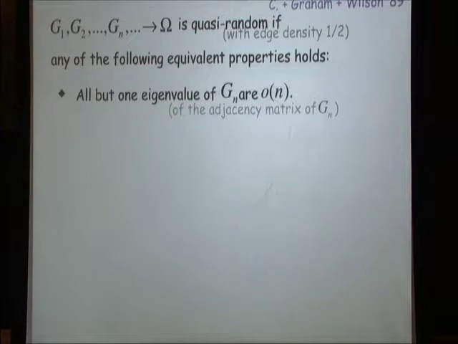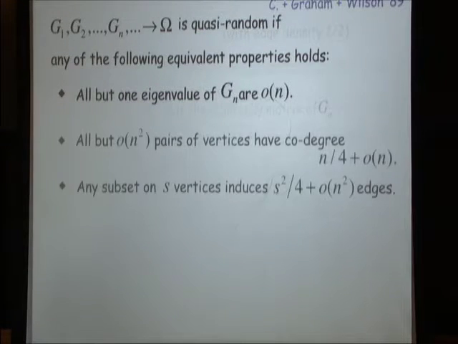In this paper with Ron Graham and Richard Wilson, we study a sequence going to a limit, which is quasi-random if all these properties, which are equivalent, hold. All but one eigenvalue are little o of n. The first eigenvalue is n over 2 for edge density a half. And there are more properties.